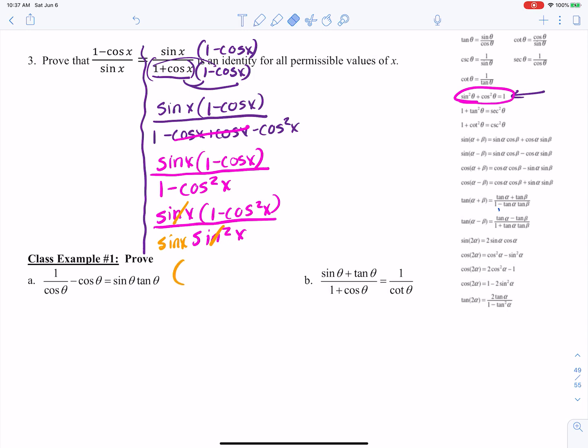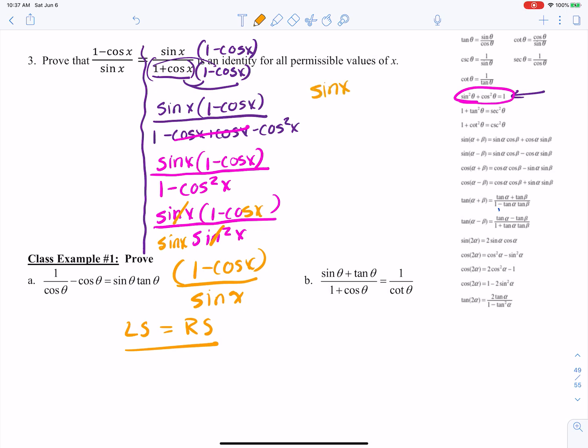Oh, I accidentally put a squared there, I apologize. 1 minus cos x all over sine x. So I have left side is equal to right side. Proved.